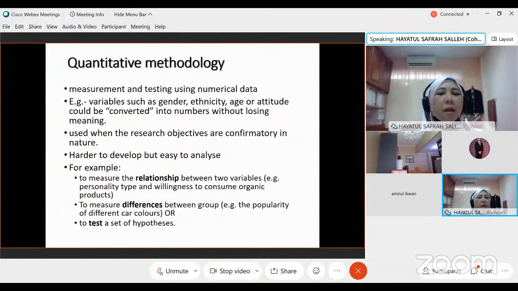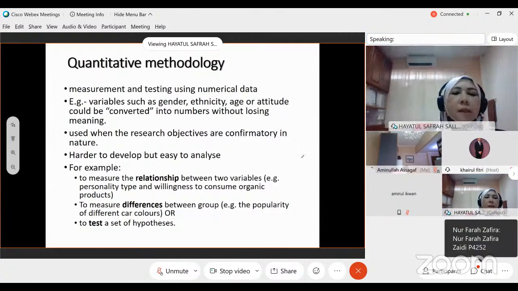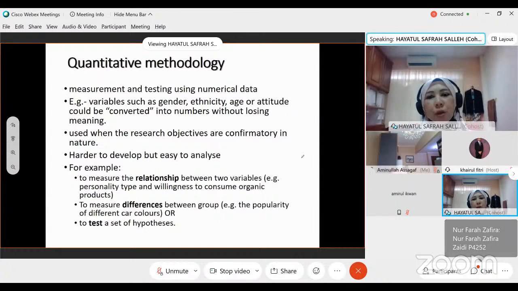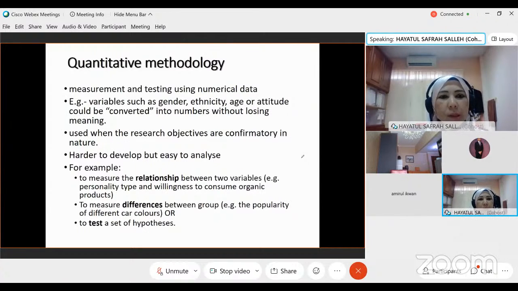For example, variables such as gender, ethnicity, age, or attitude should all be converted into numbers without losing the meaning.